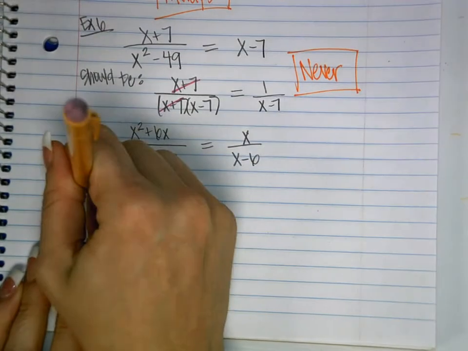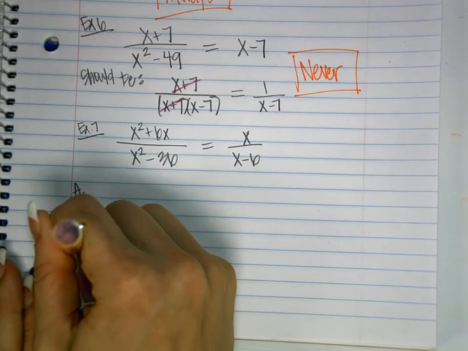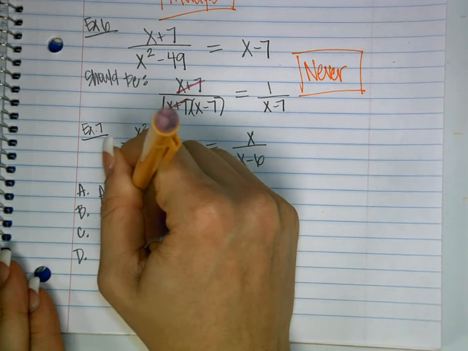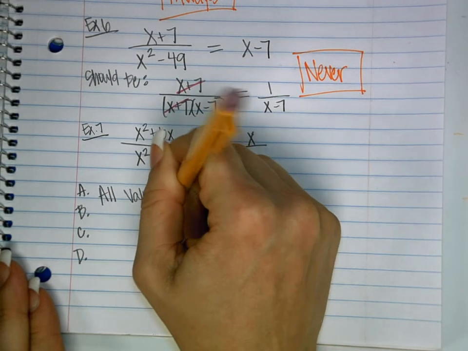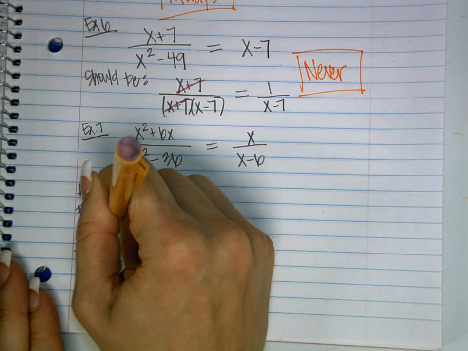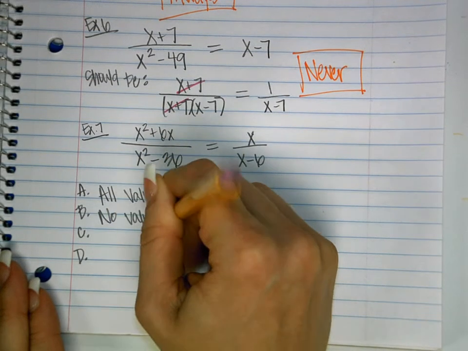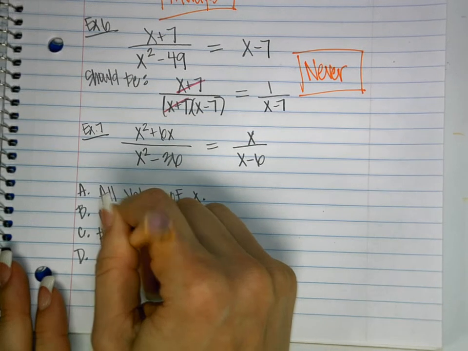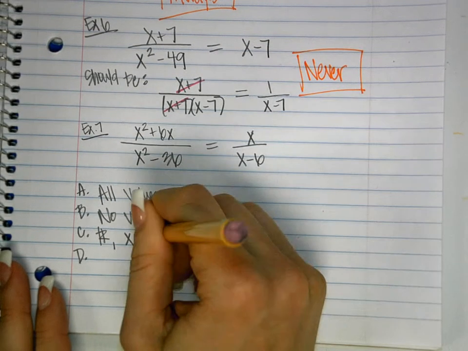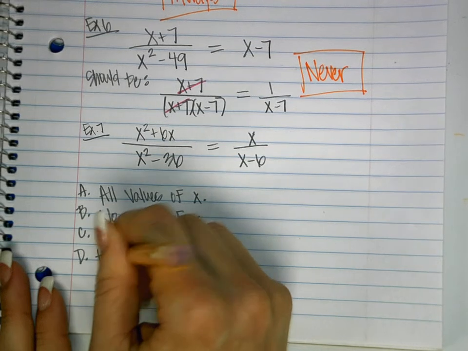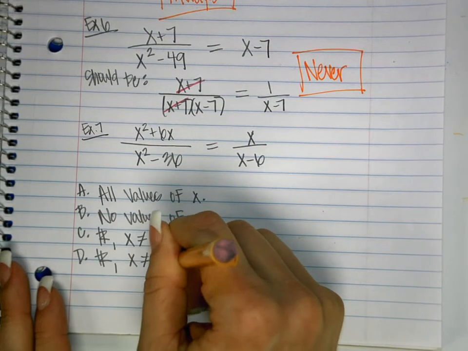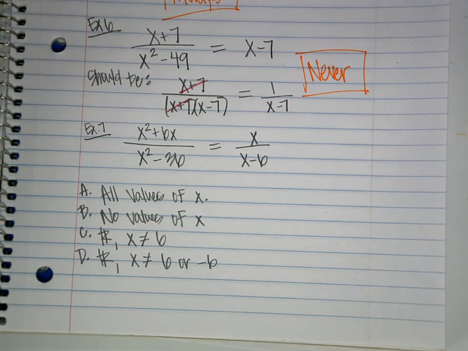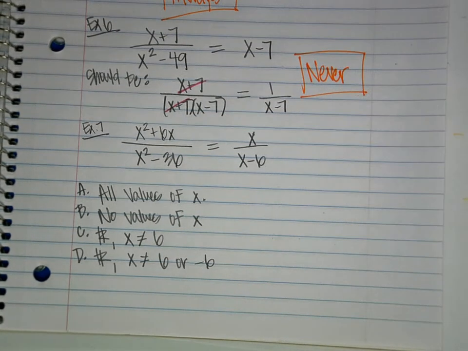I'm going to give you a couple multiple choices. When is this true? For all values of x, for no values of x, for all real numbers except x cannot be equal to 6, or for all real numbers except x cannot be equal to 6 or negative 6. When is this true? Is that always true, sometimes, or never?